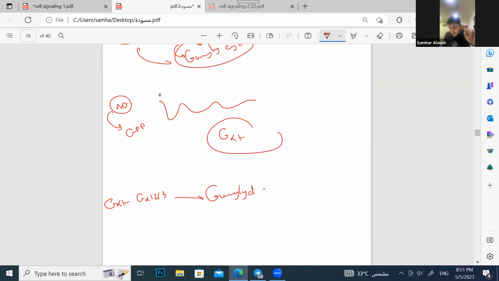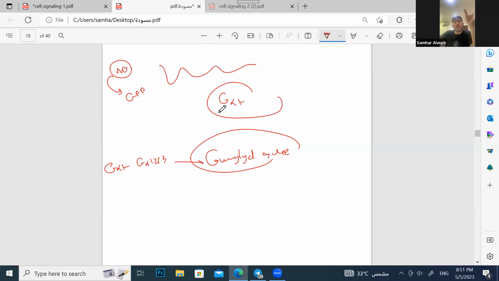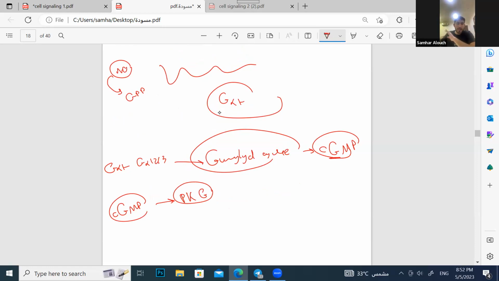Now, guanylyl cyclase doesn't make cyclic AMP, it makes cyclic GMP, because that was adenylyl, so it's cyclic AMP. Now we have guanylyl cyclase, it makes cyclic GMP. Cyclic GMP goes and activates something called protein kinase G.